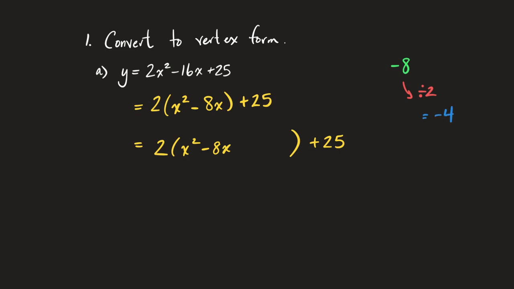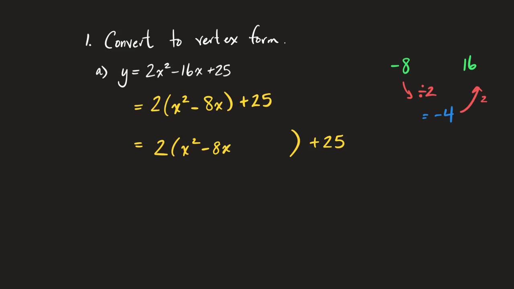That -4 then needs to be squared, and it's hard to denote a square when I don't have a base, but you get the idea. That gives me 16. I'm not even going to write the positive in, because every time we square something, we get a positive. But that becomes the key value that allows me to complete the square.